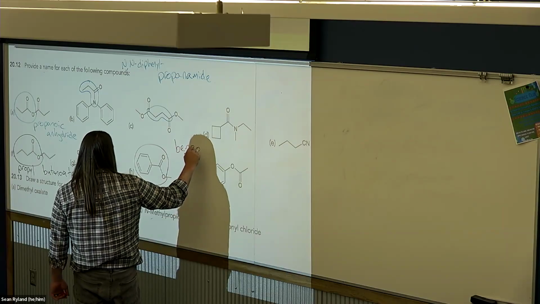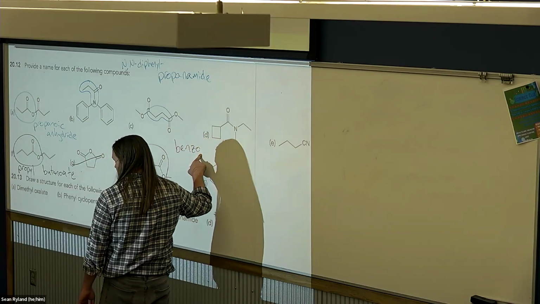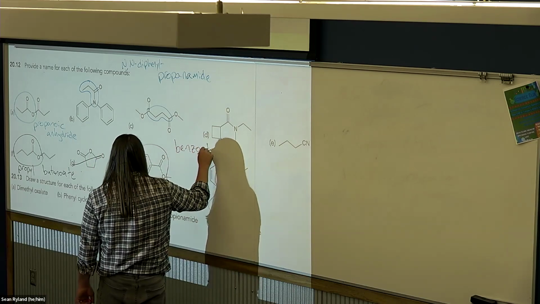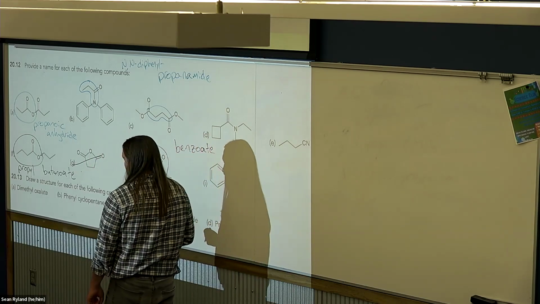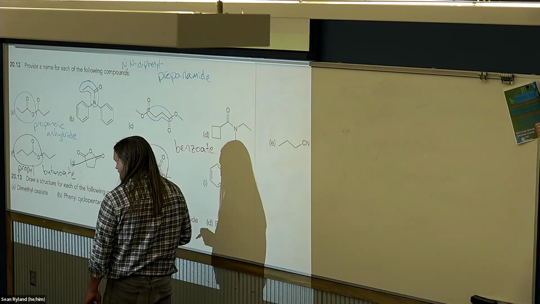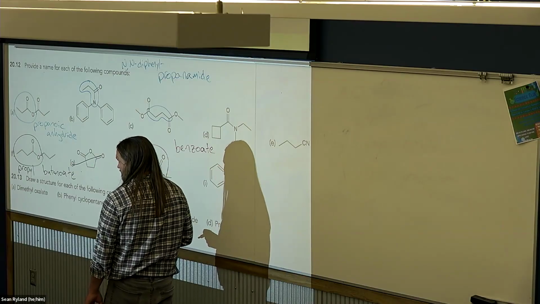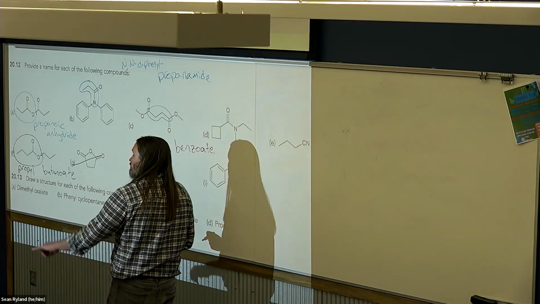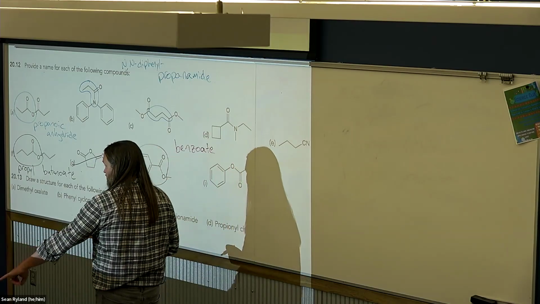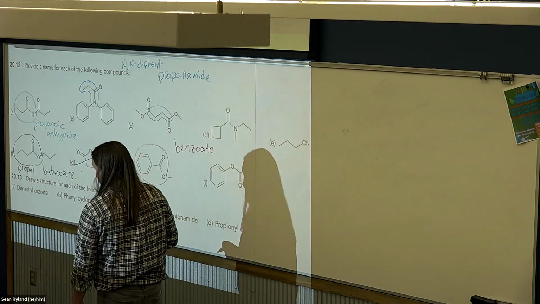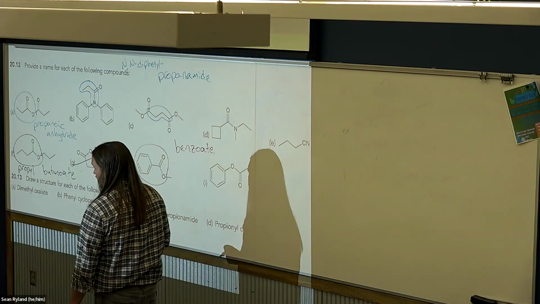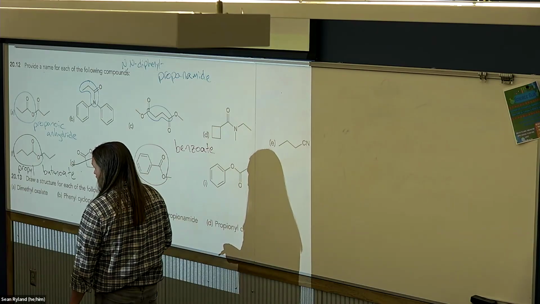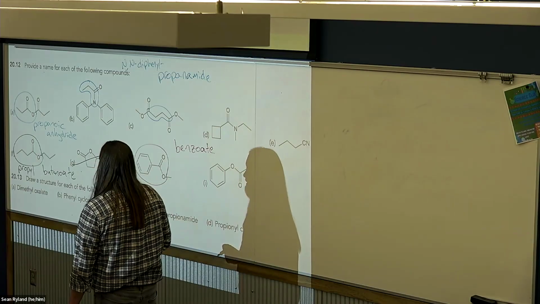So benzoic acid, you drop the -ic acid, make it -ate. So benzoate. If you were going to name it the way you were trying to, Taylor, it would be benzene carboxylic acid.